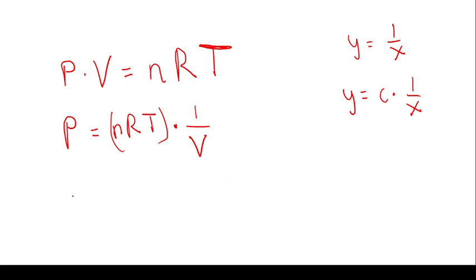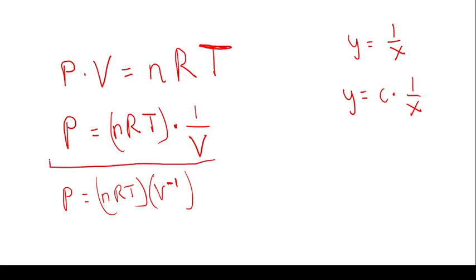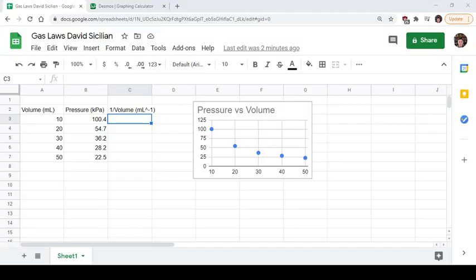So let's rewrite this as P equals nRT, all this stuff, times V inverse, or 1 over volume. So pressure versus 1 over volume is just a constant times 1 over volume. If we plot the pressure versus 1 over volume, what we should see is a straight line. And if that is the case, then this law is being followed. So let's try that now.